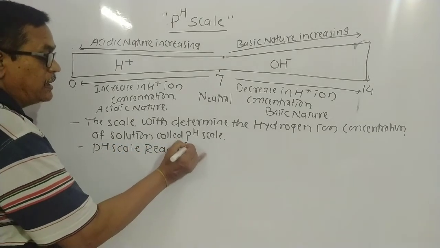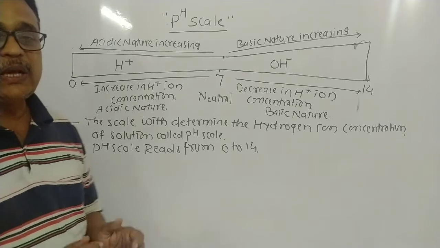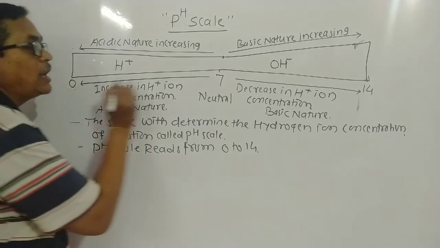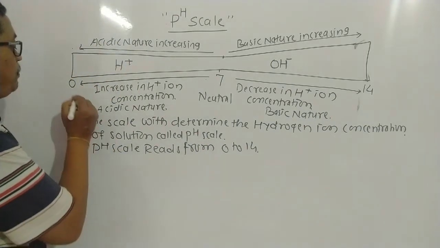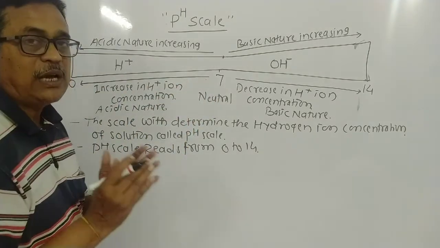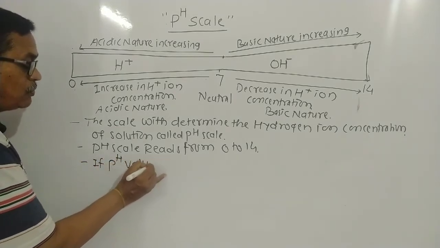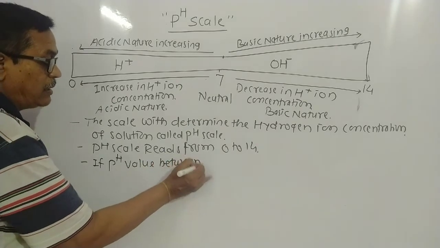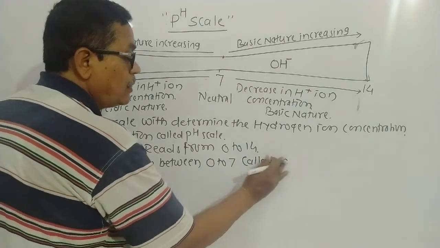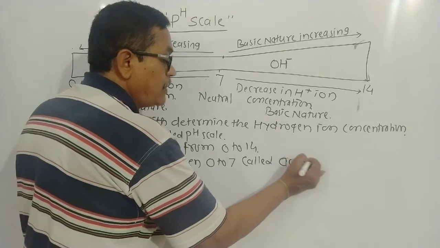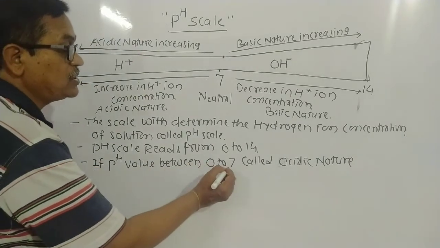If the pH value is between 7 to 14, that is called basic nature.